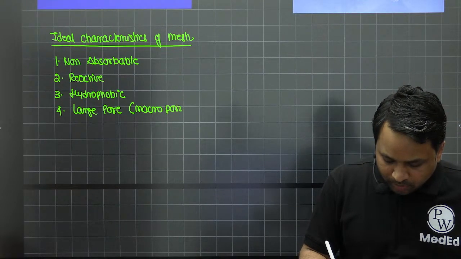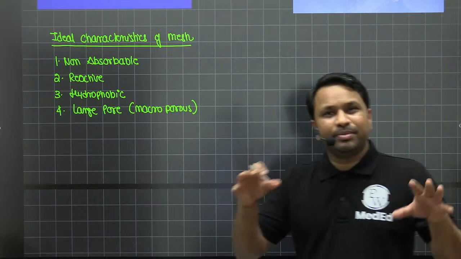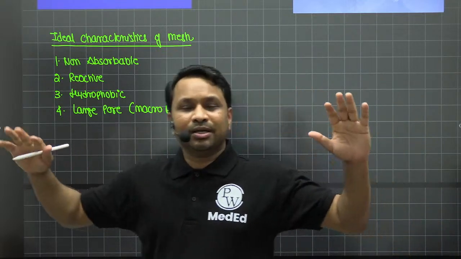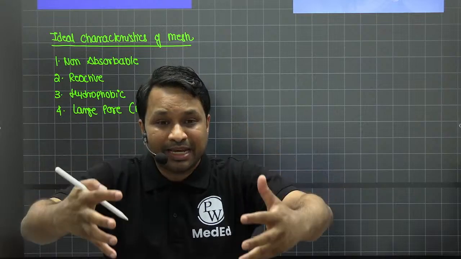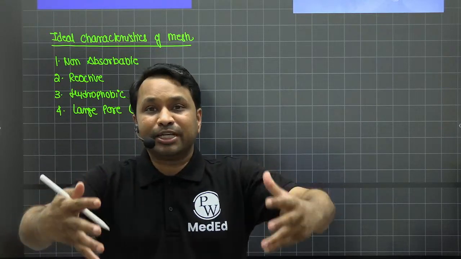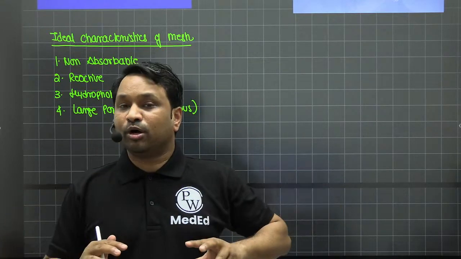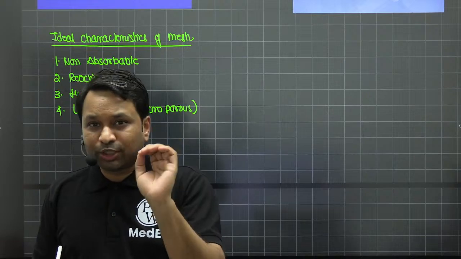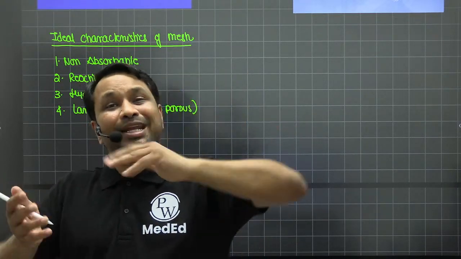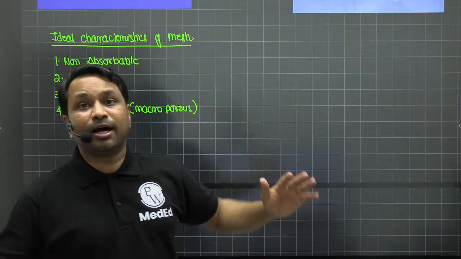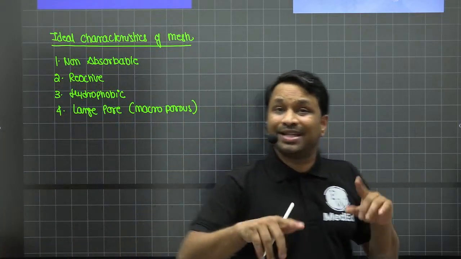Why do you want macroporous? When you put the mesh, if the pores are bigger and the tissue starts growing into those pores, it will engulf the mesh. The mesh becomes an integral part of the abdominal wall. If the pores are small, the tissues cannot grow inside, so the mesh will always remain as mesh. We want the mesh to get integrated into the abdominal wall, and large pores allow tissue growth, hence it gets integrated.